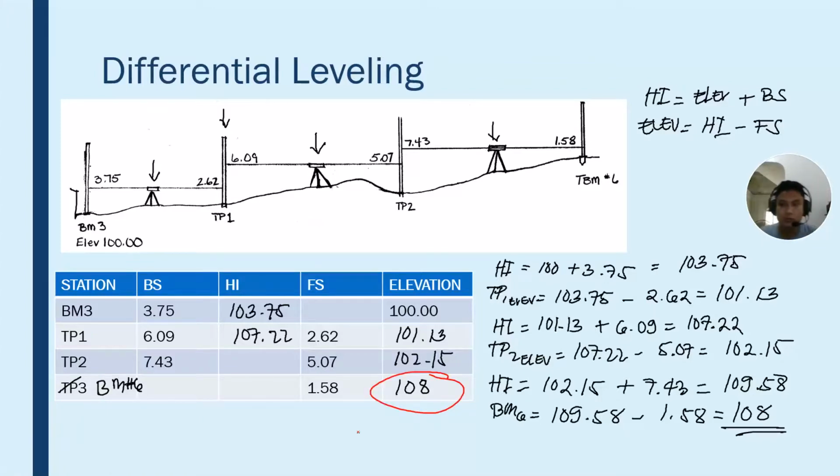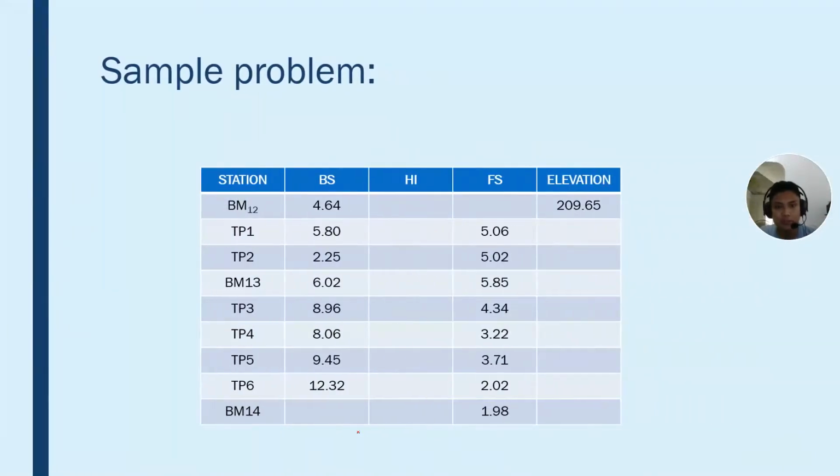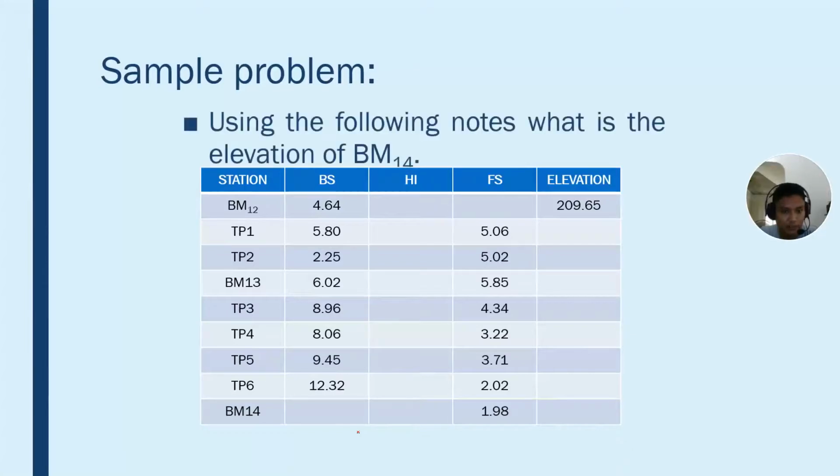Okay, so another problem, we have here benchmark number 12, benchmark number 13, and benchmark number 14. And in between those benchmarks, we are required to determine the elevation also for each change station or TP. So it's required here to determine the benchmark number 14 elevation. We will not be able to determine the elevation for that station without solving first the elevations for each station before that station.